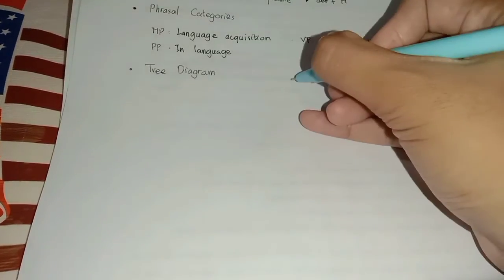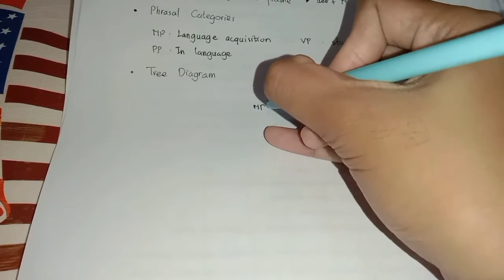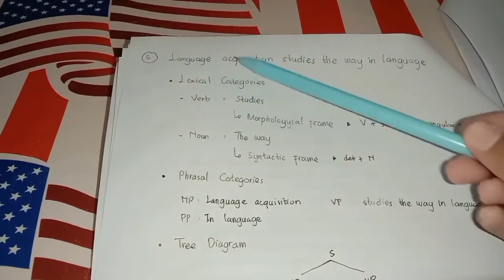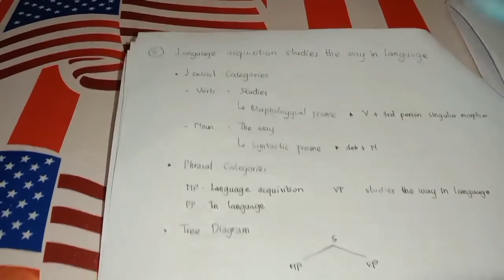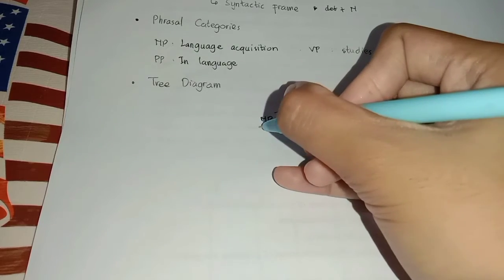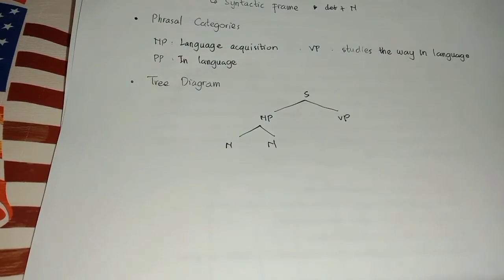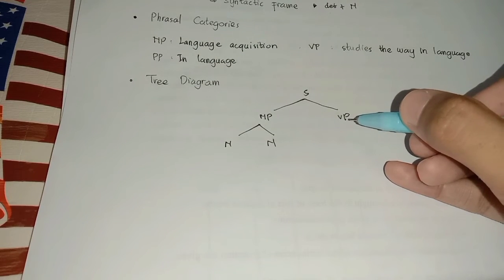We draw the tree diagram of the sentence. Noun phrase, verb phrase. The noun phrase is language acquisition, and studies the way in language is verb phrase. So that in tree diagram, the noun phrase, language acquisition, we can divide into noun and noun. The verb phrase is studies the way in language.